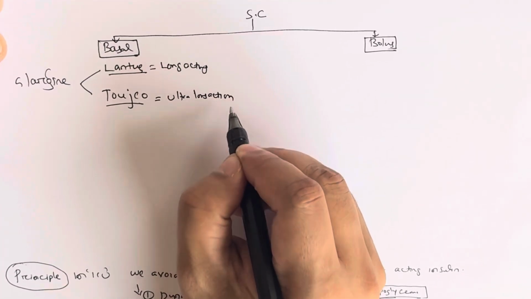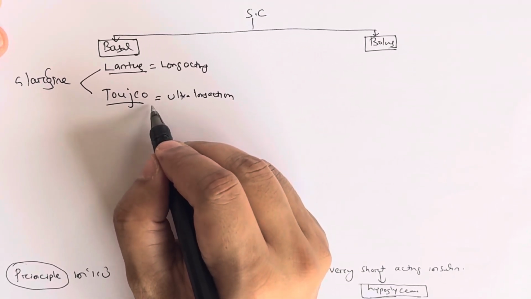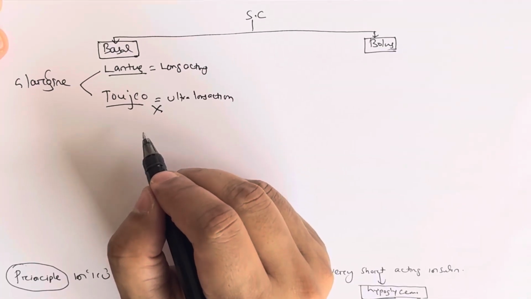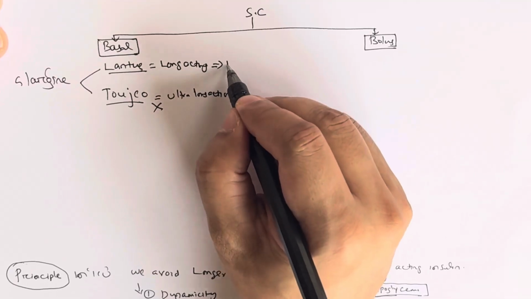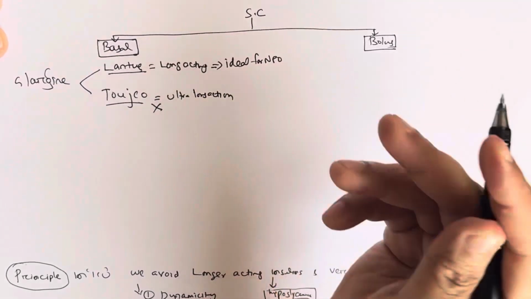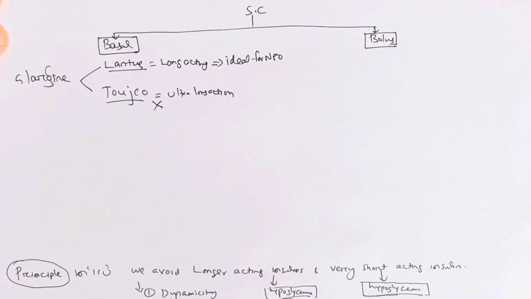So by definition, we do not use Toujeo in the ICU, right? Lantus is long acting. It is ideal for NPO. Even if you are doing a procedure, it's only 24 hours, so you can stop it without risking hypoglycemia.